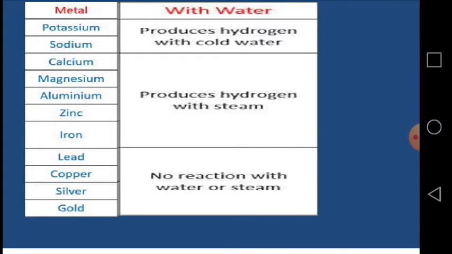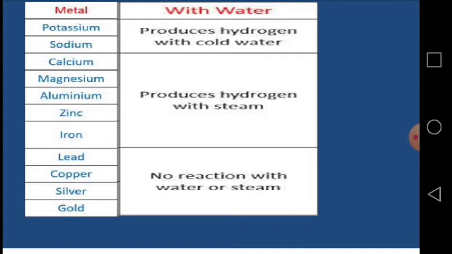Dear students, magnesium reacts very slowly with cold water to form magnesium hydroxide and hydrogen gas. A test tube of hydrogen gas is produced only after a few days. Magnesium reacts violently with steam to form magnesium oxide and hydrogen gas. A bright white glow is produced during this reaction.